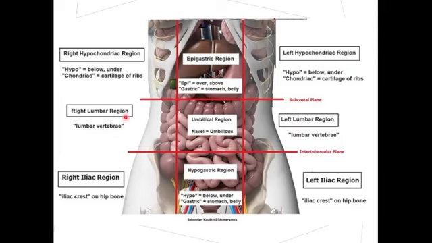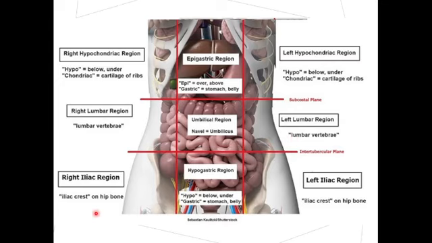So next we have the lumbar region, which is just right here. The word lumbar refers to the vertebrae in your lower back. So that's like the bones near this region. We also have a left region and a right region.